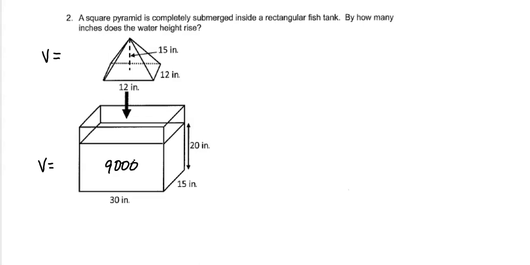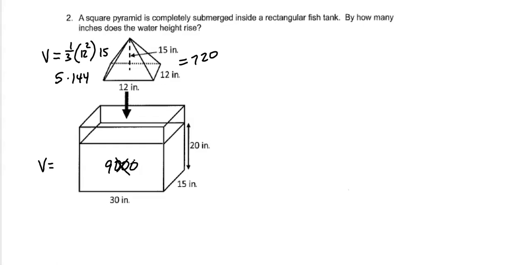And the pyramid, volume of a pyramid, so we got to do 1/3 times the base area, which is a square, times the height. So 1/3 of 15 is 5 times 144, which is 720. So you're 720.